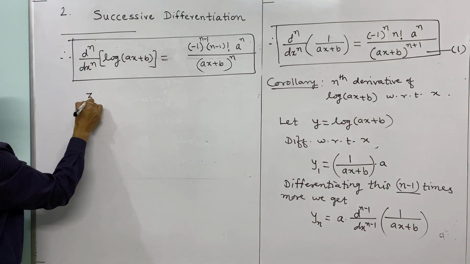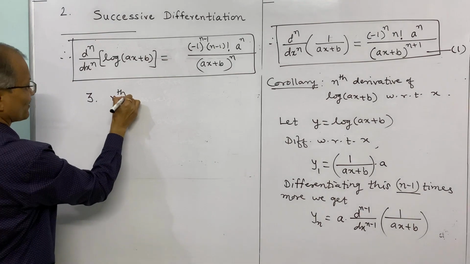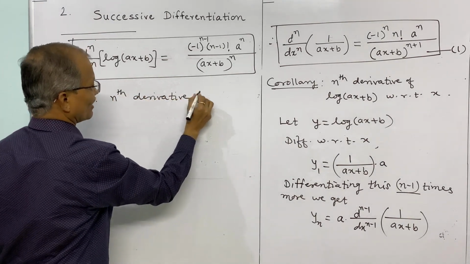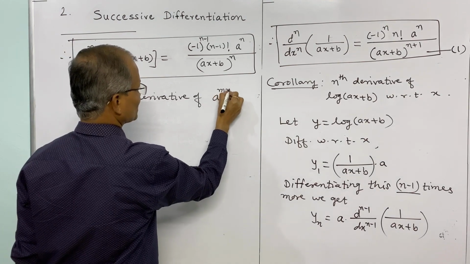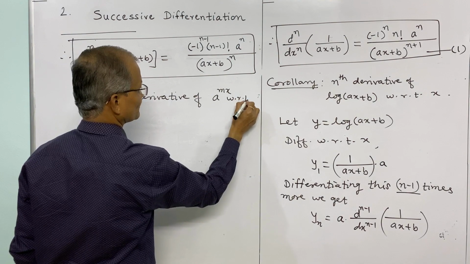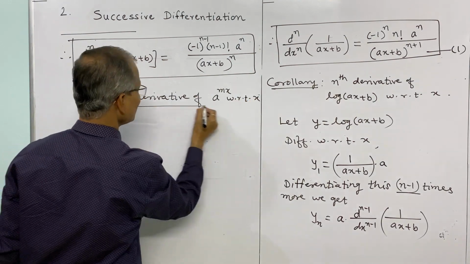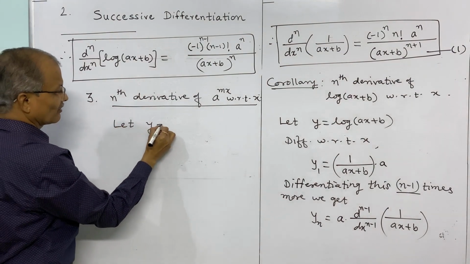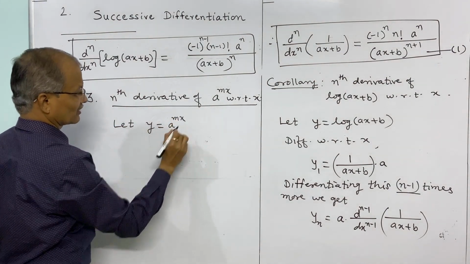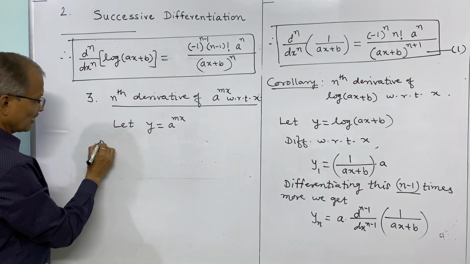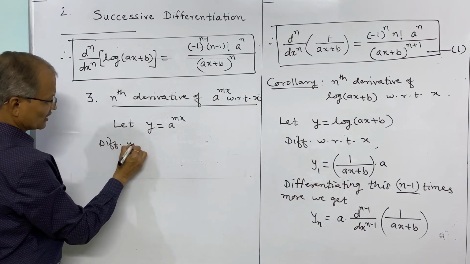Now we consider the next result, the nth derivative of the exponential function a to the power mx with respect to x. This is simple. Let y be a to the power mx, and m is constant. Differentiate this successively with respect to x.